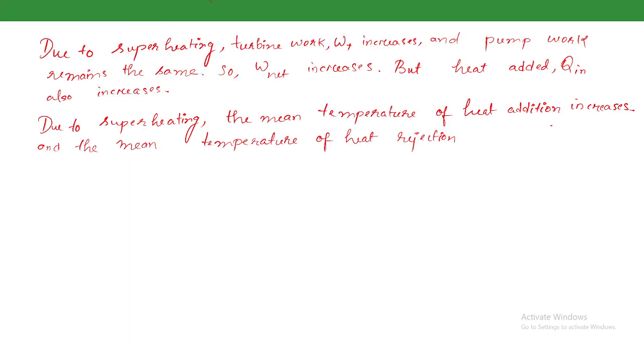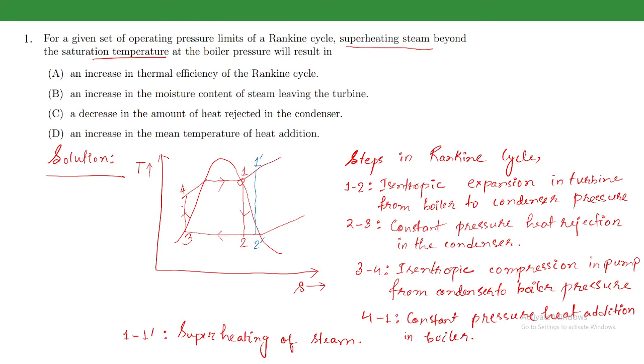So the mean temperature of heat rejection remains the same. We know that if the mean temperature of heat addition increases or the mean temperature of heat rejection decreases, then the efficiency increases. Here the mean temperature of heat rejection is not changing, but the mean temperature of heat addition is increasing, so the efficiency of the cycle will increase.